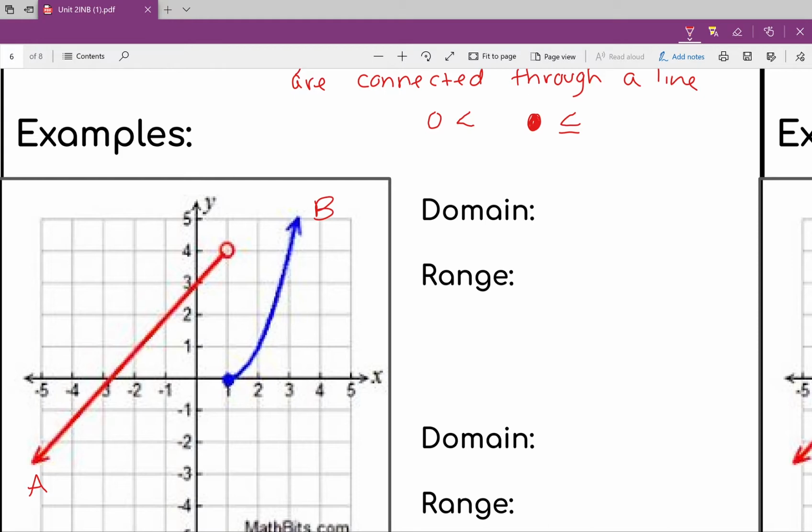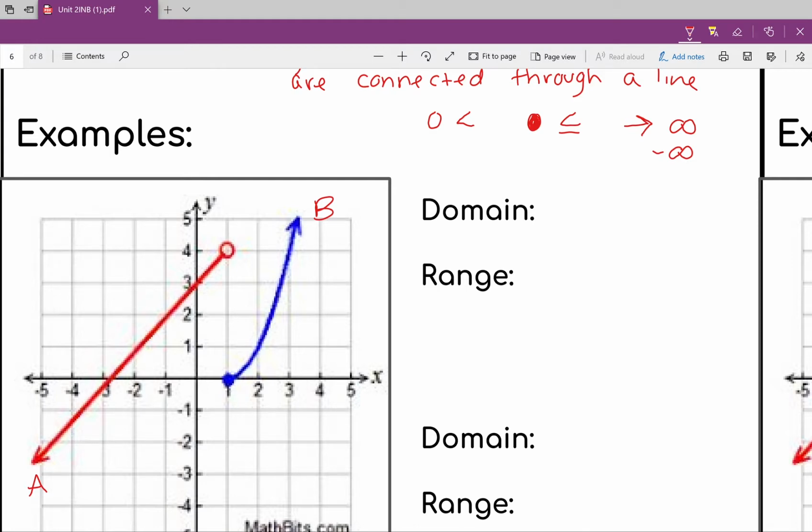And when we see an arrow, this tells us it's going to infinity, the positive direction, or negative infinity, the negative direction. Let's keep that in mind when looking at the graph on A.